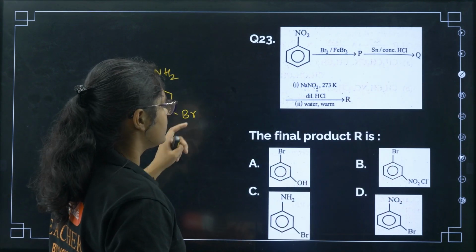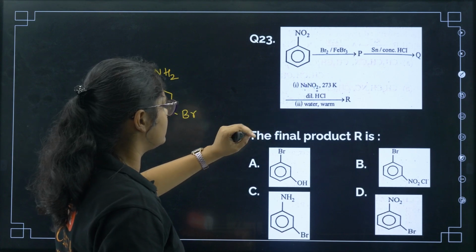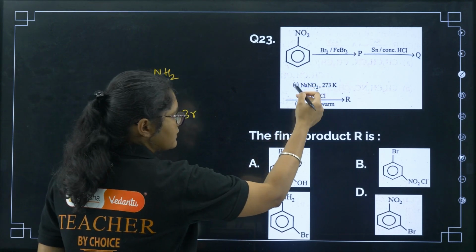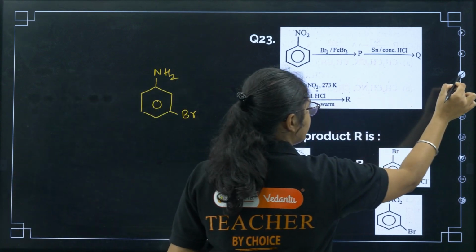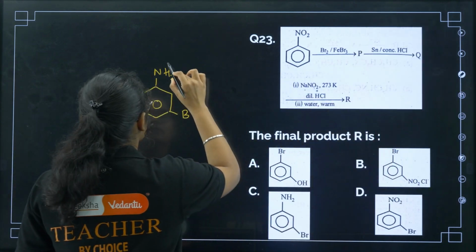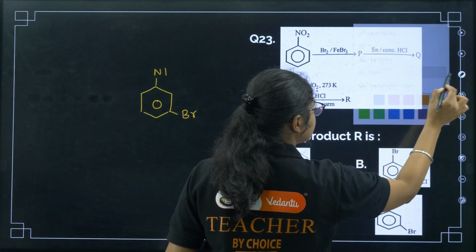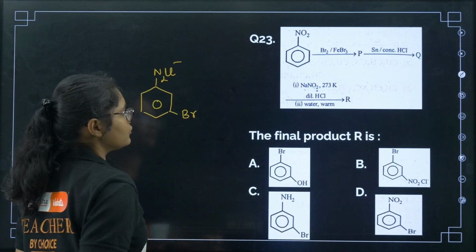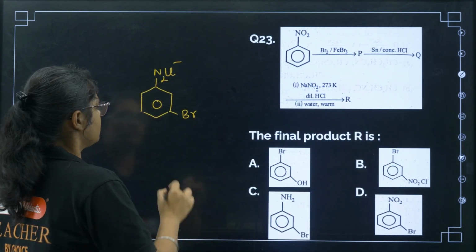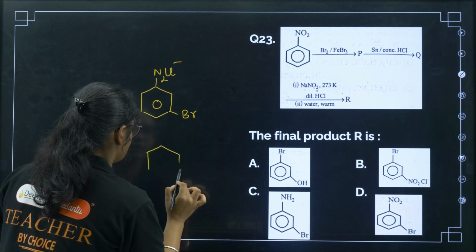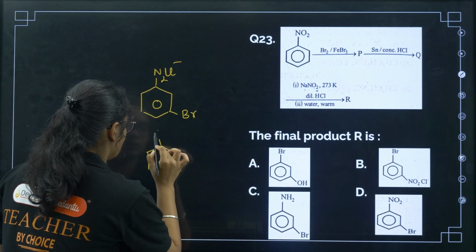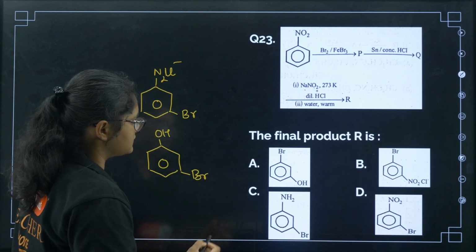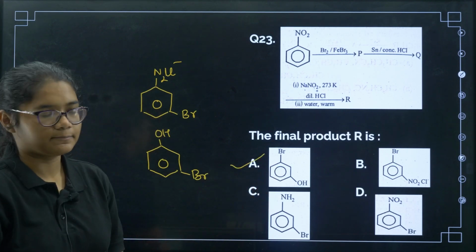This is your Q. Now if you treat it with NaNO2 and dilute HCl and then warm with water, first this will give you benzene diazonium chloride. Once we heat this and warm it, we will get phenol here, right? So I'll get OH and Br. So the correct answer here will be option number A.